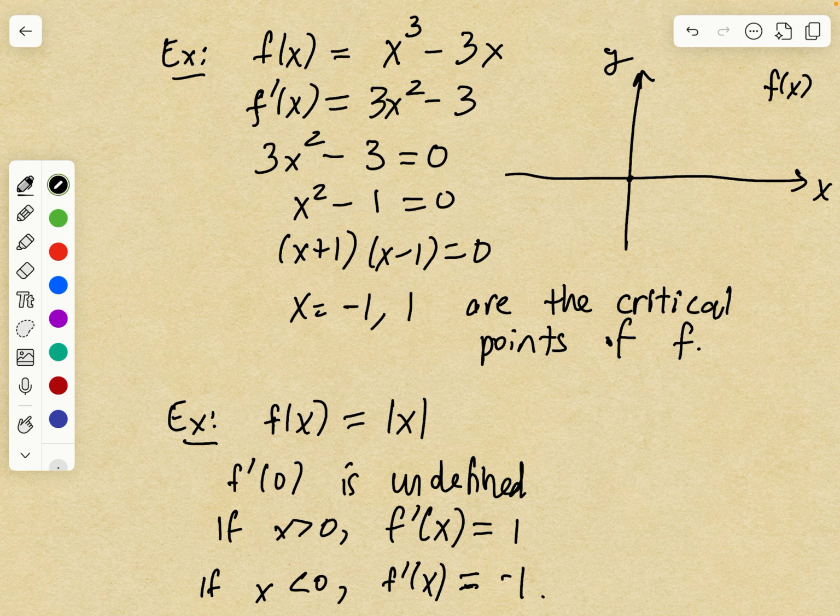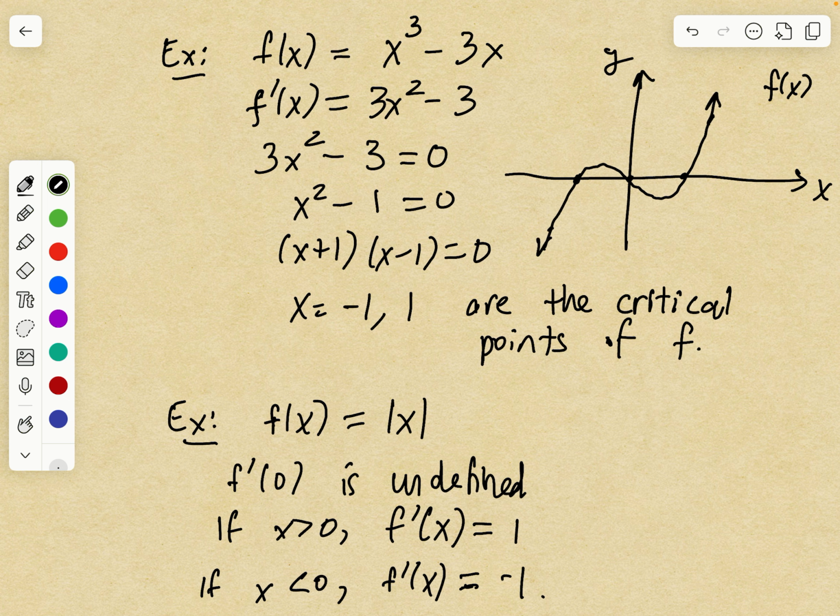It's going to have 3 roots, and I think it's going to look something like this.